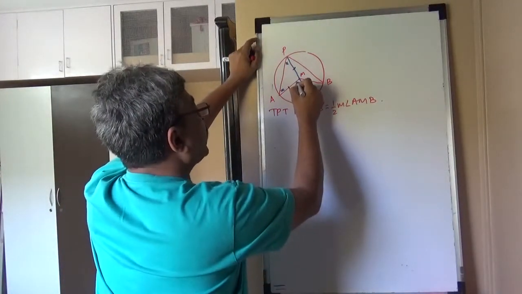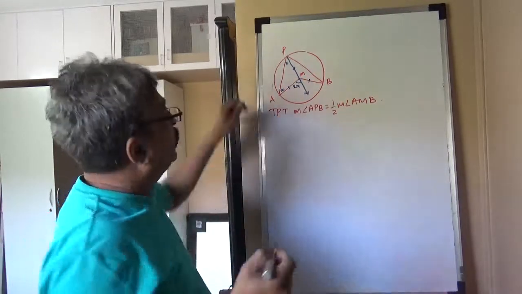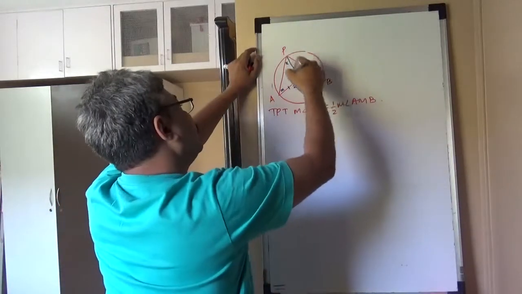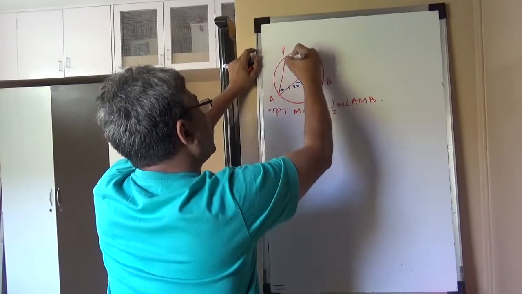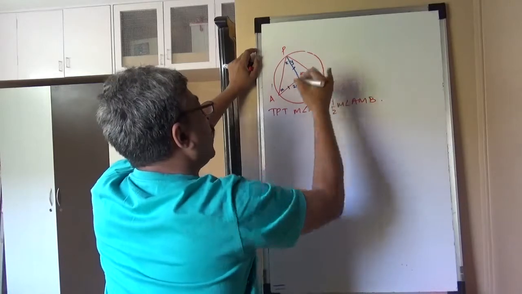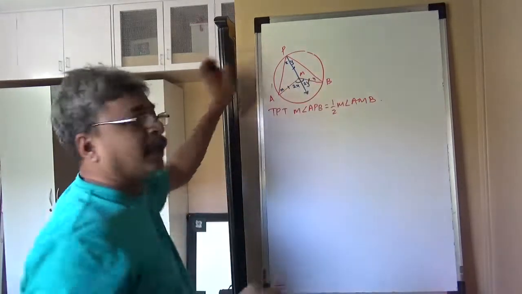And the exterior angle property will make it 2x. Now suppose this is another triangle, it is isosceles but not congruent with this, therefore this will be another angle y, this will also be y, and therefore the exterior angle will make this 2y.